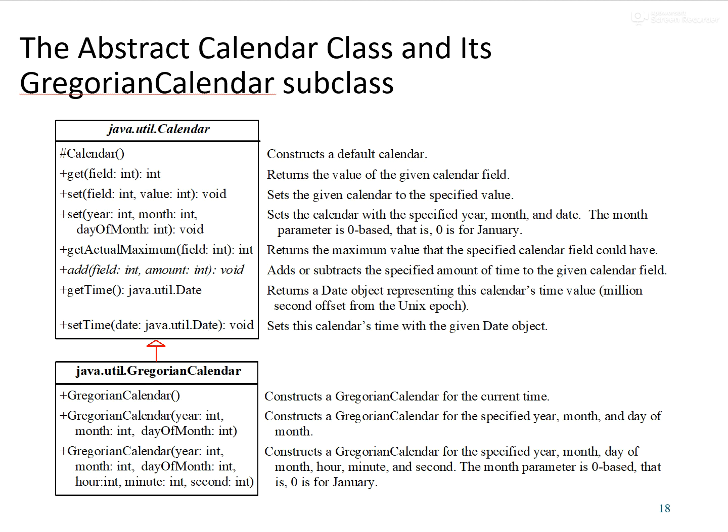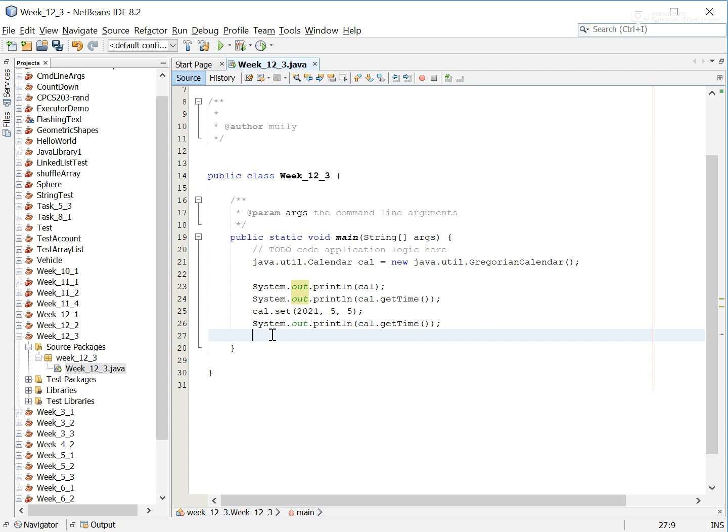Okay. So let me just jump back here. java.util.Date. This is the one we've used before. New java.util.Date. There you go. Got that.